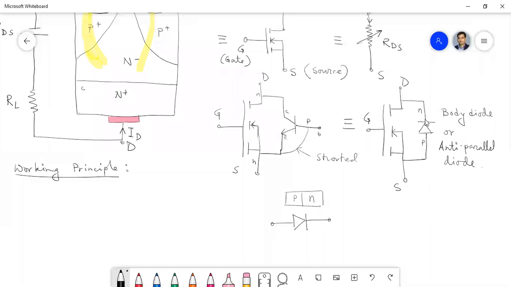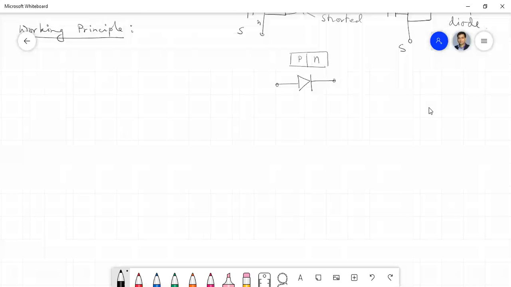Now, like all these devices, we'll discuss a few important parameters, which are required to select or choose a proper power MOSFET during our application. Okay, and all these parameters are available in the data sheet of any power MOSFET.